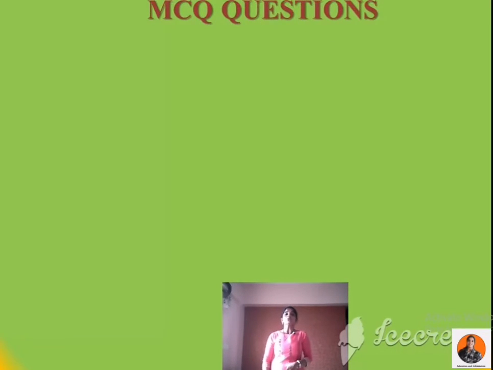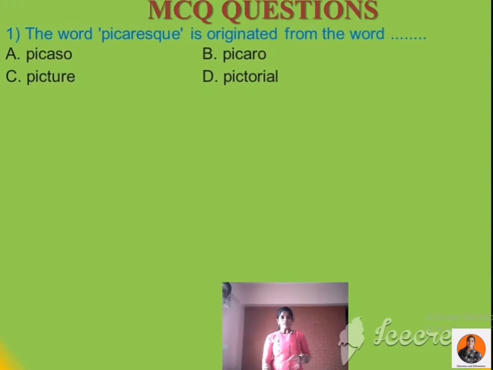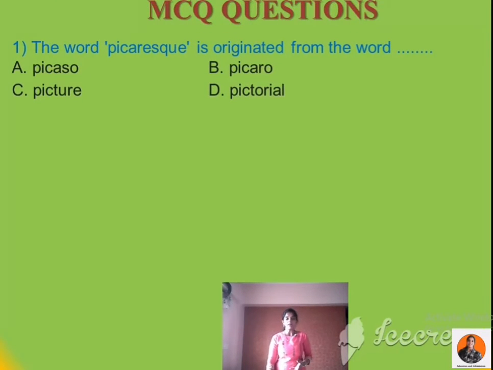Now let's move towards MCQ questions, which is a very important part of section 4.1. See, a question can be filling the blanks or choose the correct alternatives from the following, or match the following: novel and the famous novelist from their work. Any question can be asked. These are just examples which I am keeping in front of you, so you will have the idea what type of question, so you will study accordingly.